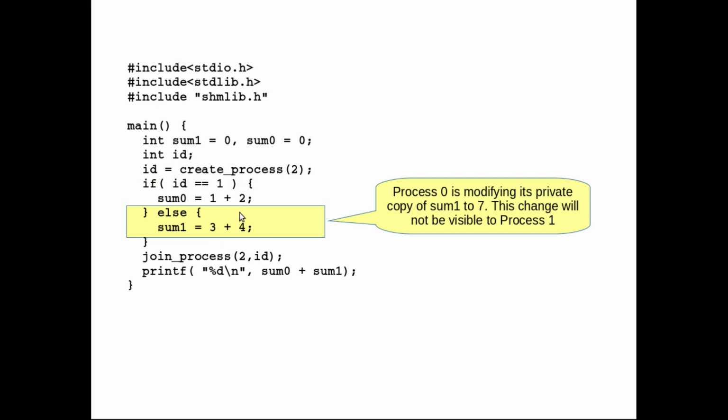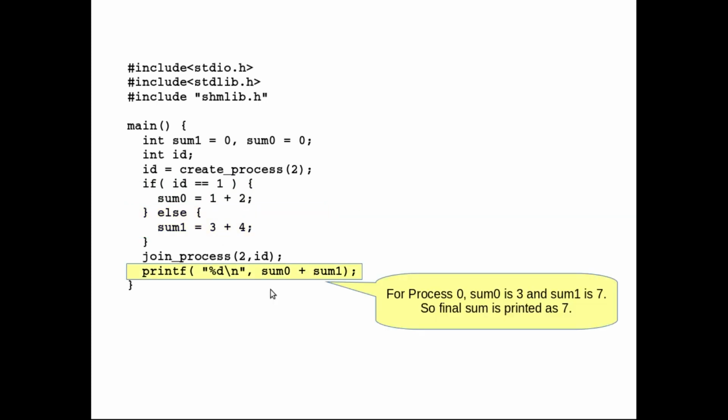Each process is only modifying its private copies. So when the parent process tries to print out the sum 0 and sum 1, for the parent process sum 1 is 7, whereas sum 0 is still 0. So it will be 0 plus 7 and 7 will be printed.